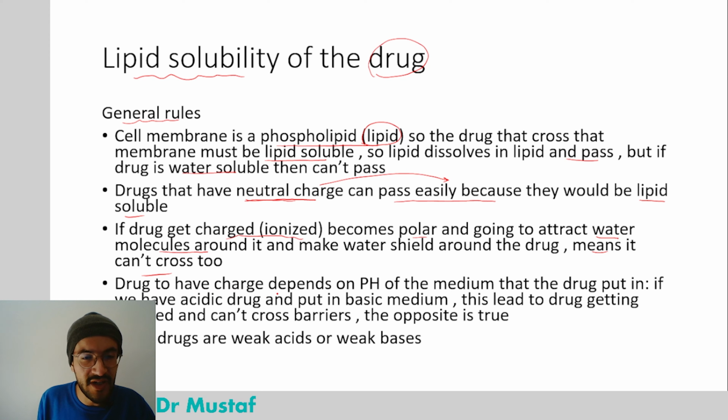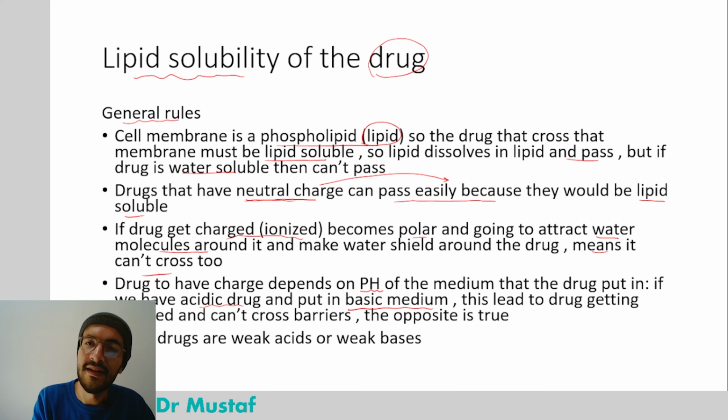And whether drugs have charge depends on the pH of the medium that the drug is put in. If we put an acidic drug in a basic medium, the drug gets charged and can't cross barriers. The same goes if we put a basic drug in an acidic medium: the basic drug also gets charged and can't cross the barriers.